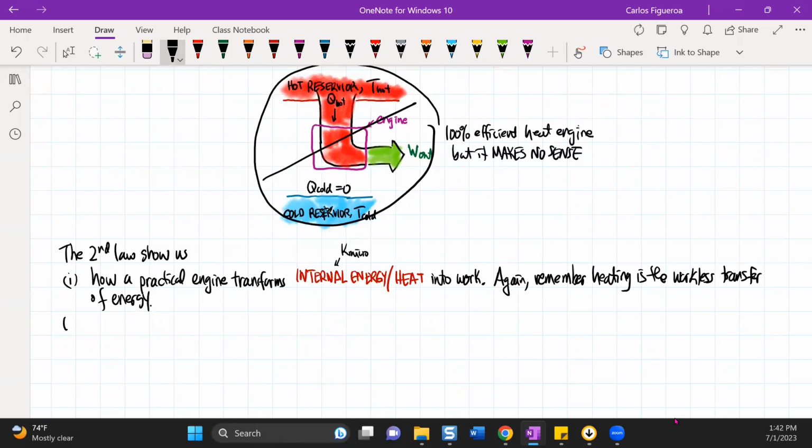And then what we're going to find is that it tells us what limitations or restrictions there are on these energy transformations.